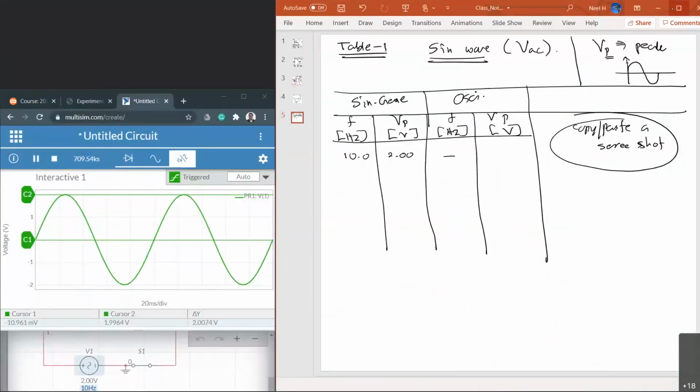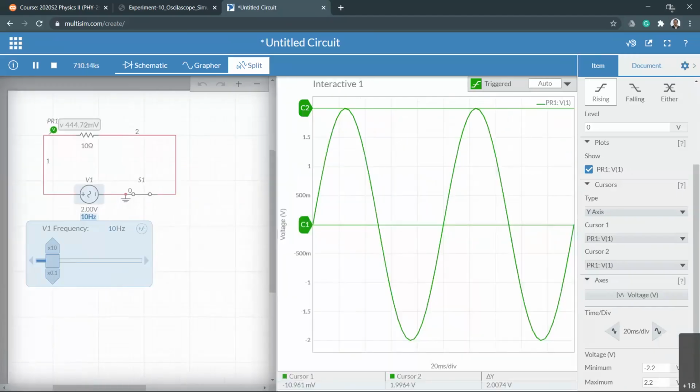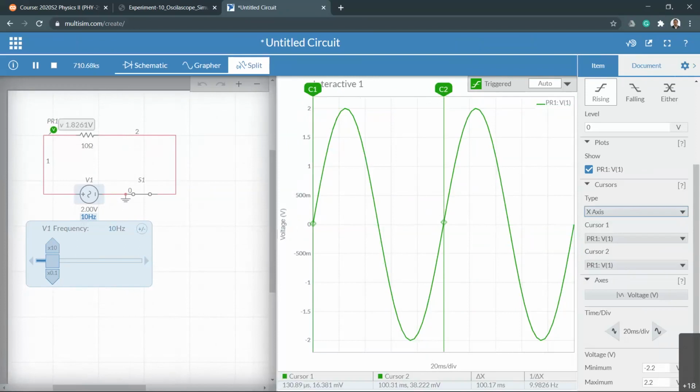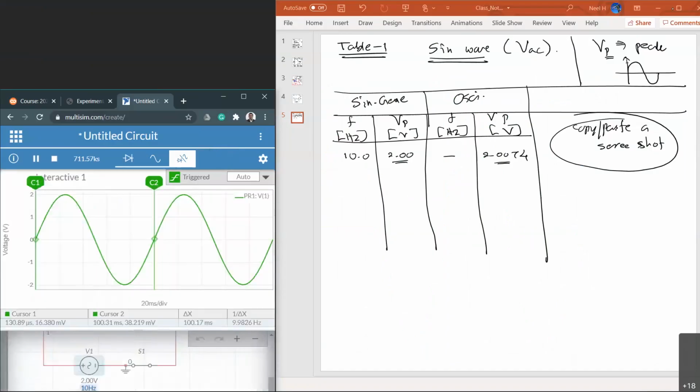Now this number is 2.0074. You can see that's slightly off from the value I expected. That's okay, that's the error we expected. And then let's do the cursor for the x-axis. The first one should be at the starting point, and the second one should be after it completes one cycle. The difference between them is 100.17 millisecond, but I don't actually need the time.